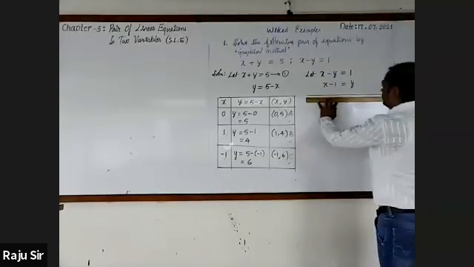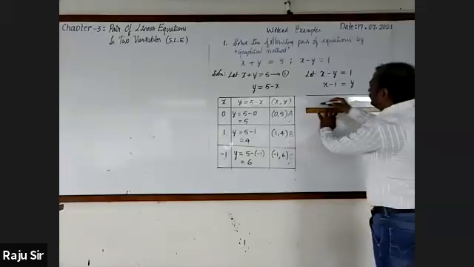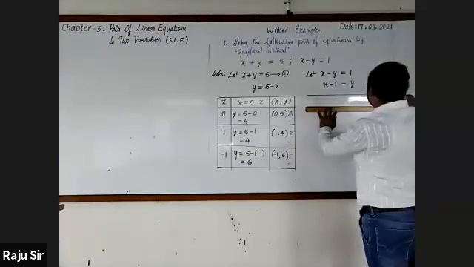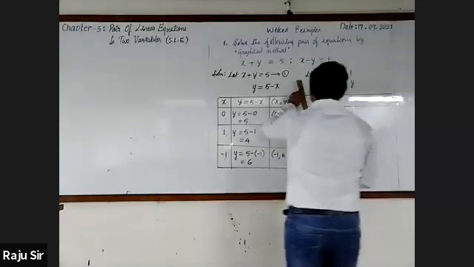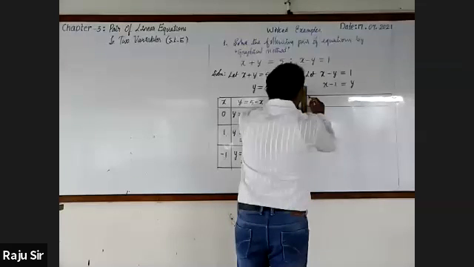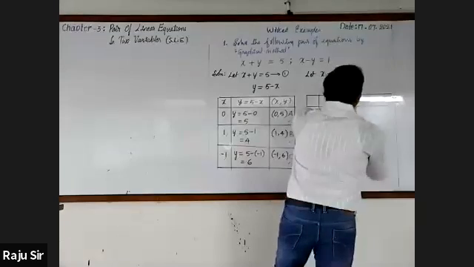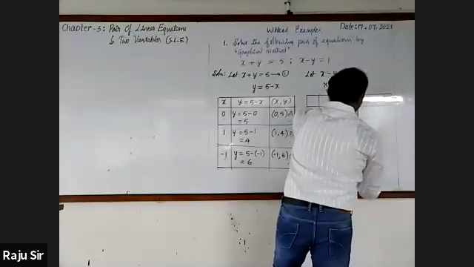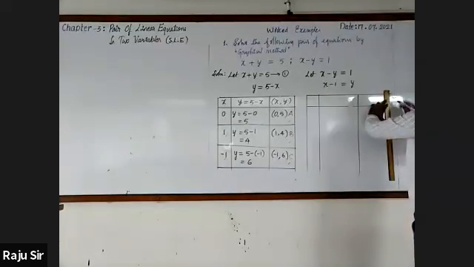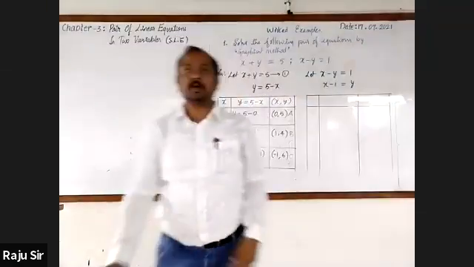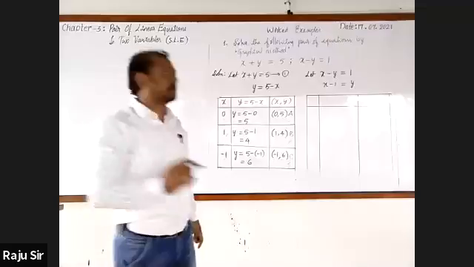Again, in this table, we will show 3 columns. The first column is for x value, and the second column is for the equation, nothing but y coordinate, and the third one is for ordered pair, that is x comma y.